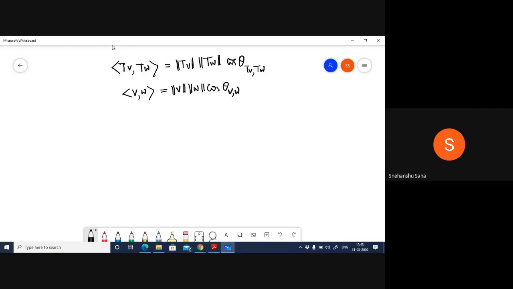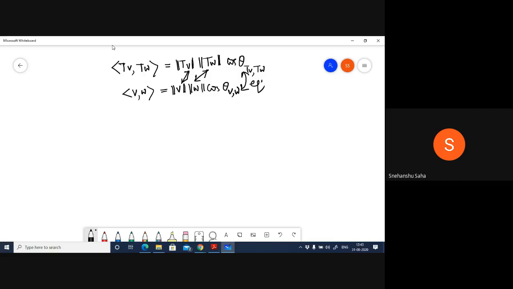Now, by virtue of the previous property that we have shown, under orthogonality the lengths are preserved, so these two are equal to each other. Which means that if the inner product of TV and TW is equal to that of V and W, then these two angles must also be equal.